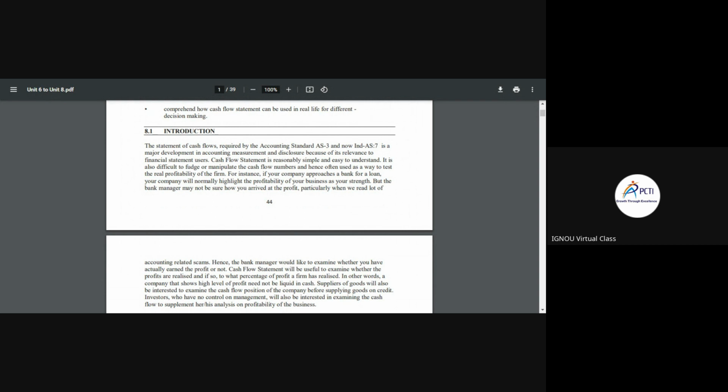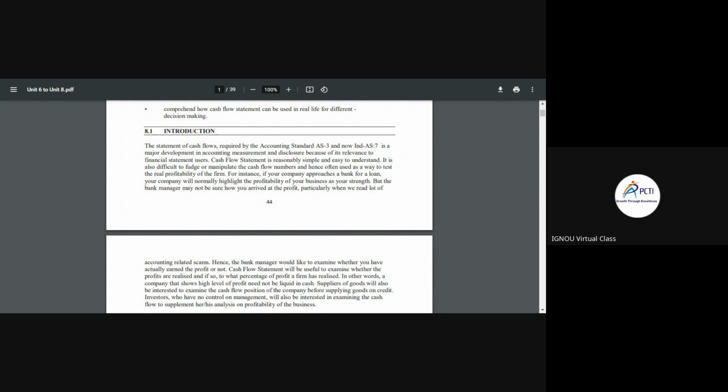Like if a company approaches a bank for a loan, your company will normally highlight the profitability of your business as your strength, but the bank manager may not be sure how you arrived at the profit. Particularly when we read a lot of accounting-related scams, the bank manager would like to examine whether you have actually earned the profit or not.